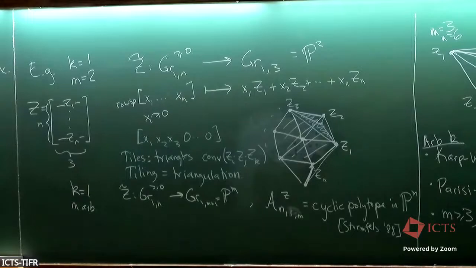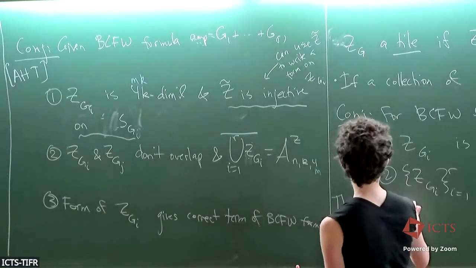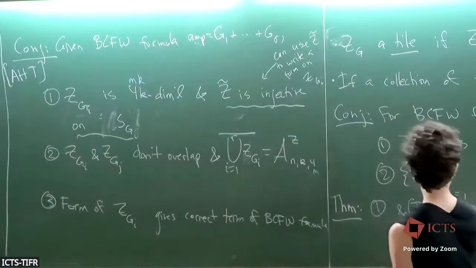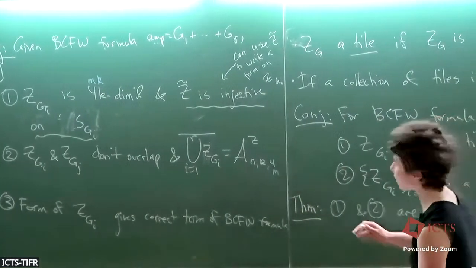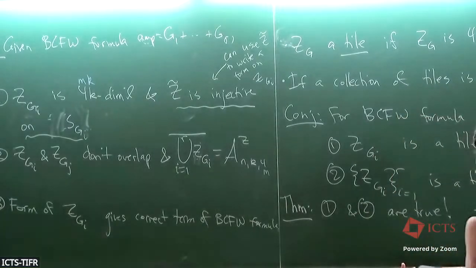So, maybe I'll write it like this. Theorem: 1 and 2 are true. I think no physicists were surprised about this, but mathematicians felt good about proving it rigorously.